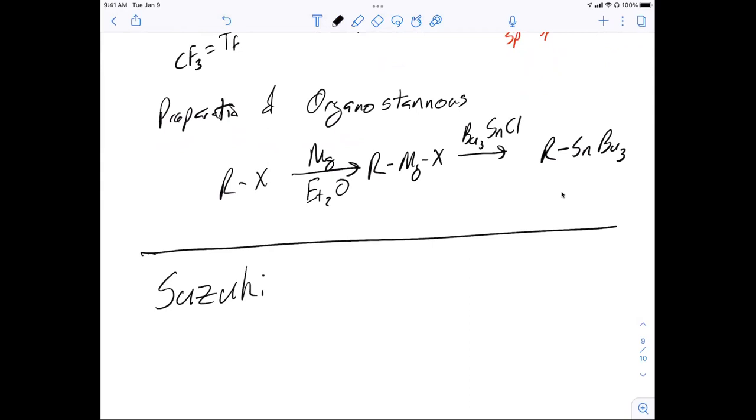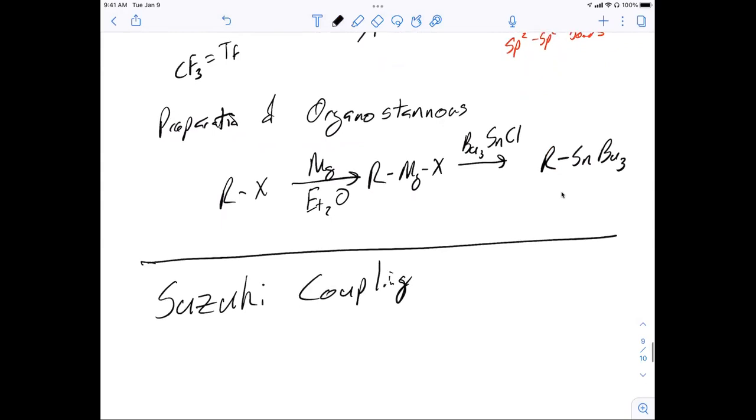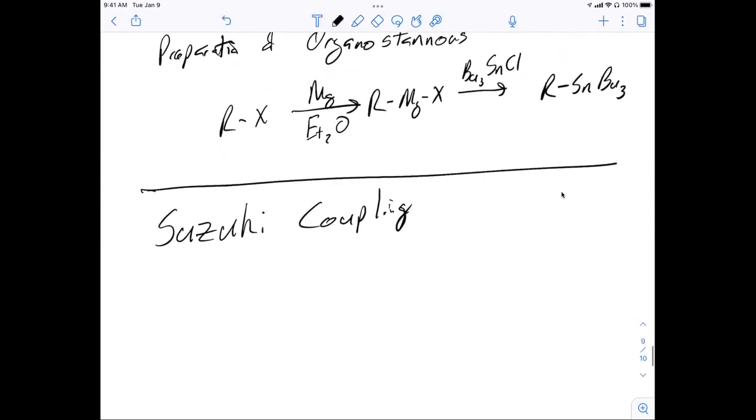So there are some limitations to the tin compound. So they came up with the Suzuki coupling. It used organoboranes. So Stille focused on tin, Suzuki couplings focused on borane.